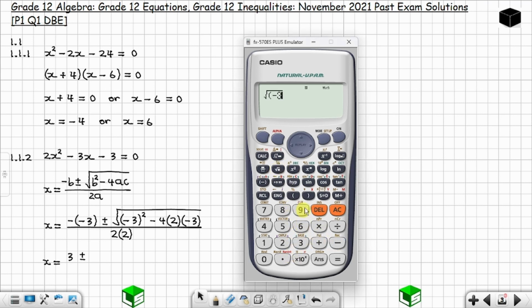So we have negative 3 squared minus 4 times 2 times negative 3, and this is equal to the square root of 33, over 4, because 2 times 2 is 4.